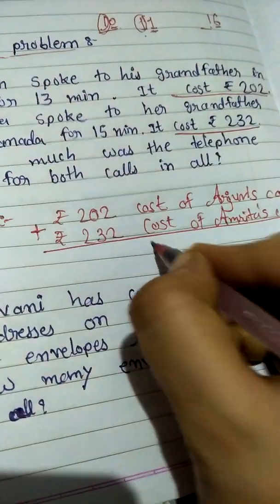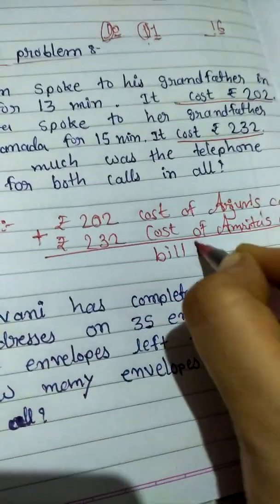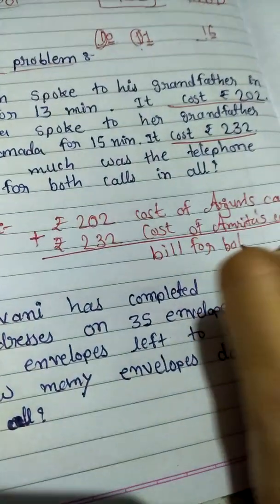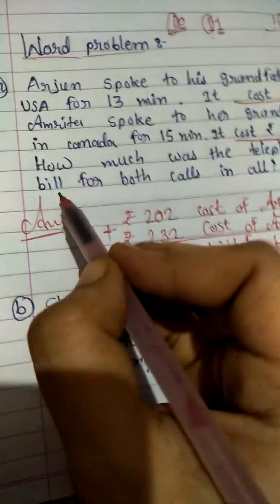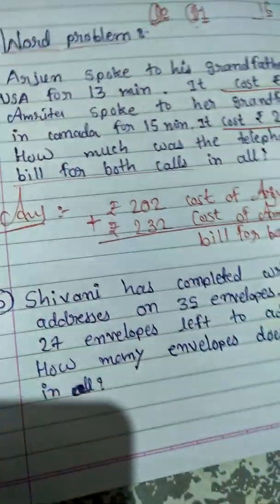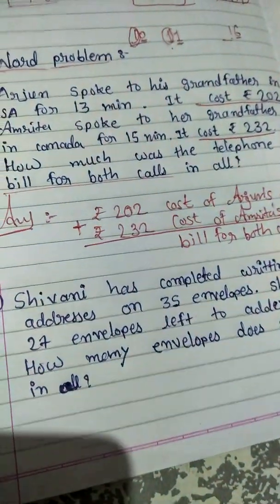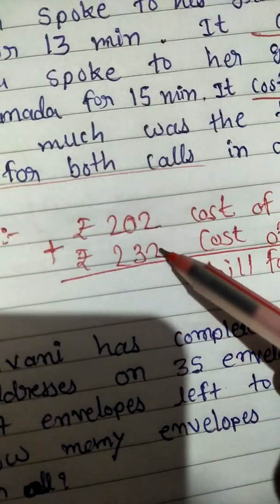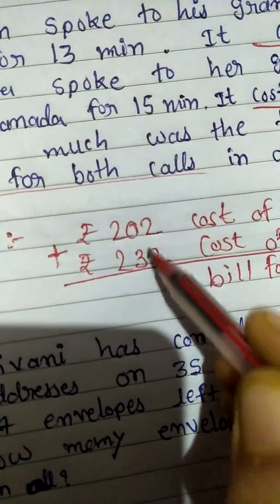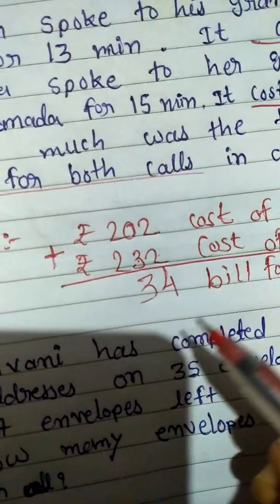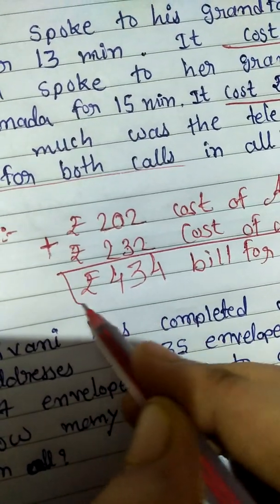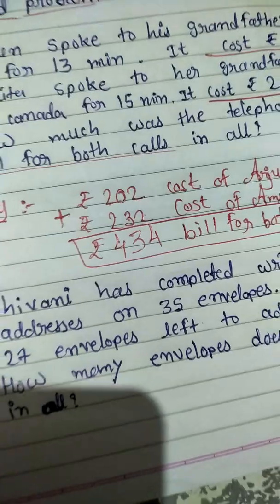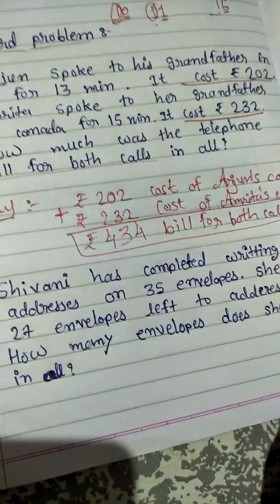Bill for both calls. We just have to write this sentence. Okay, so we'll do addition. 2 plus 2, 4. 0 plus 3, 3. 2 plus 2, 4. Rupees 432. Bill for both calls.